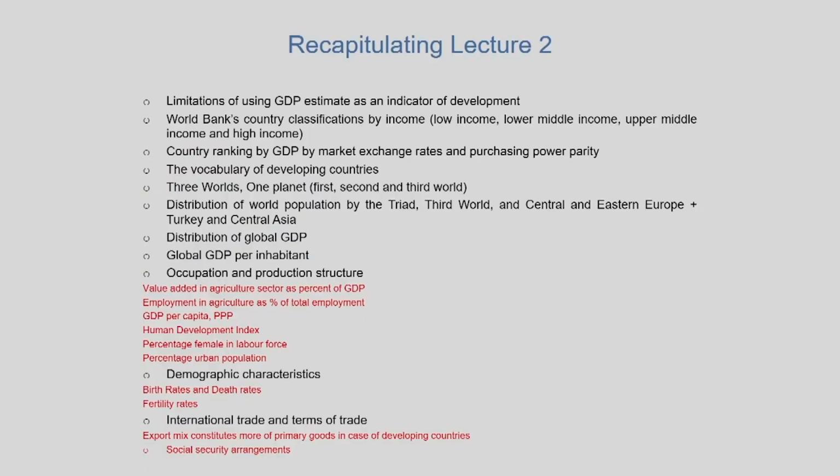Lastly, we also looked at international trade in terms of trade. I briefly discussed the export mix of the developing countries, and we saw that the export mix of developing countries mostly constitutes primary goods. However, there have been some changes in this export mix in the post-liberalization phase, where we do see an abundance of primary goods or agricultural products, but they are industrial agricultural products rather than primary agricultural products.